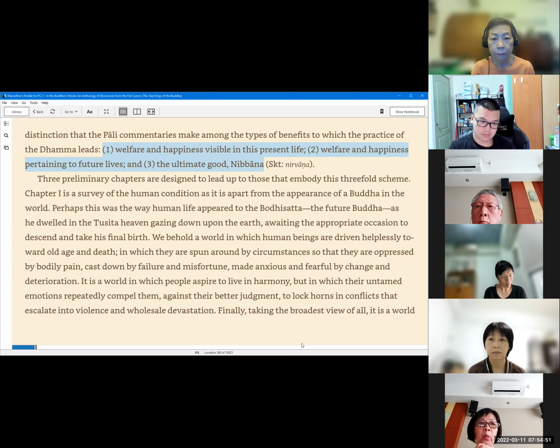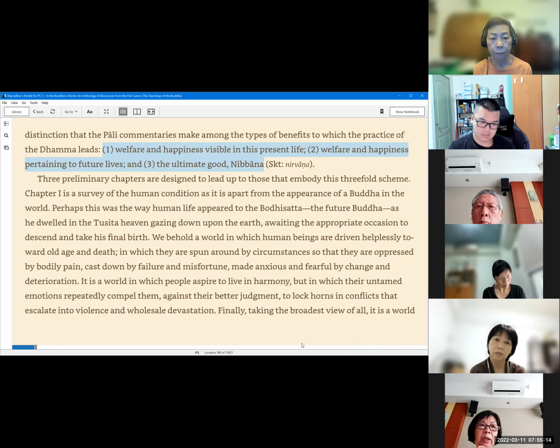We behold a world in which human beings are driven helplessly towards old age and death, in which they are spun around by circumstances so that they are oppressed by bodily pain, cast down by failure and misfortunes, made anxious and fearful by change and deterioration.